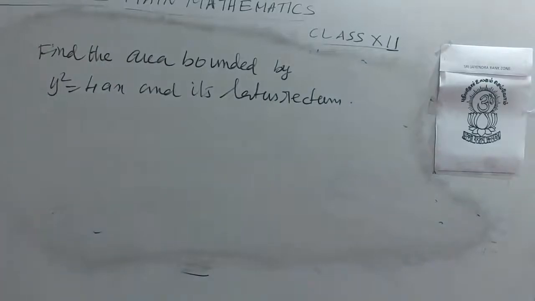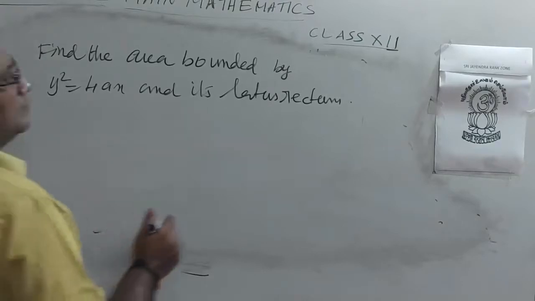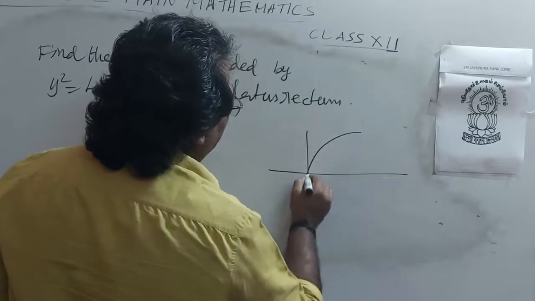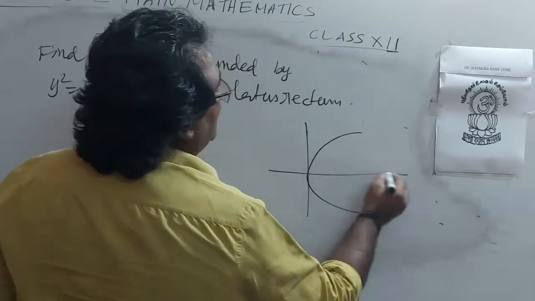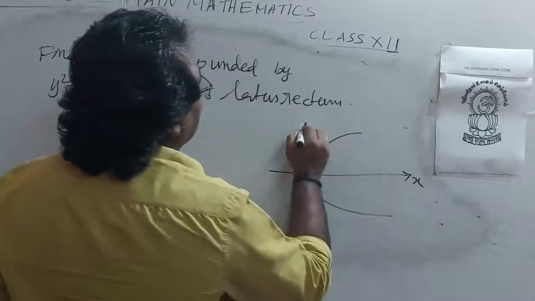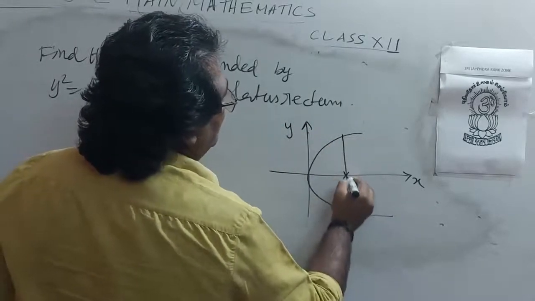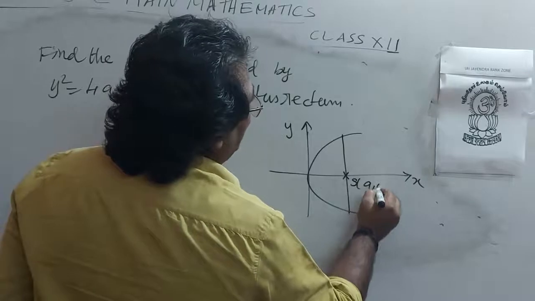Find the area bounded by y squared equal to 4ax and its latus rectum. So y squared equal to 4ax, x-axis, y-axis. This point is the focus, a comma 0.